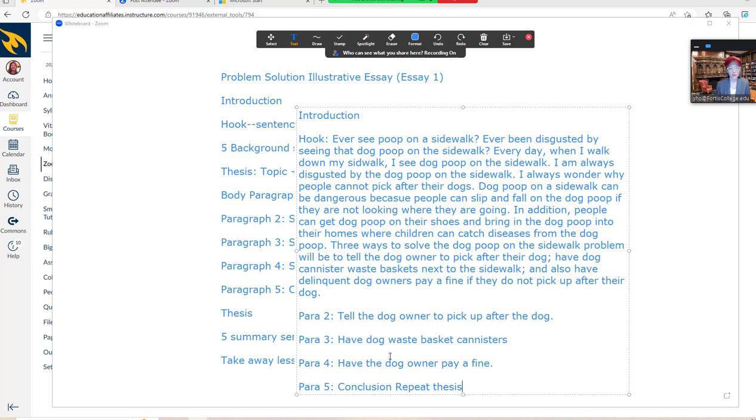And then paragraph 3, have dog waste basket canisters next to the sidewalk. Have the dog owner pay a fine, and in conclusion, repeat the thesis. And so those are the three ways. And then in your thesis, your topic sentence has to relate back to your thesis statement.